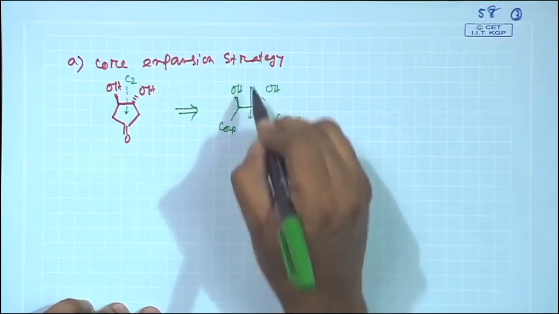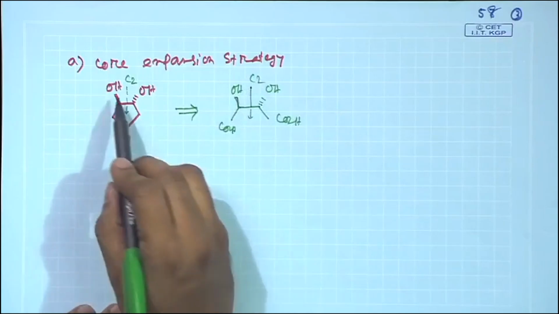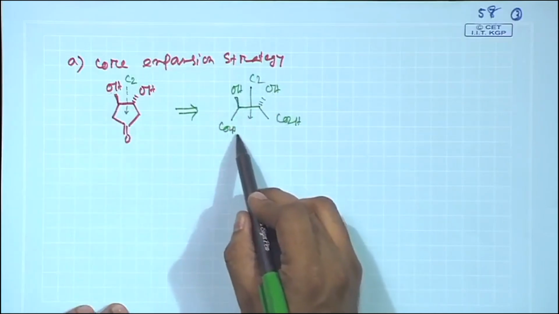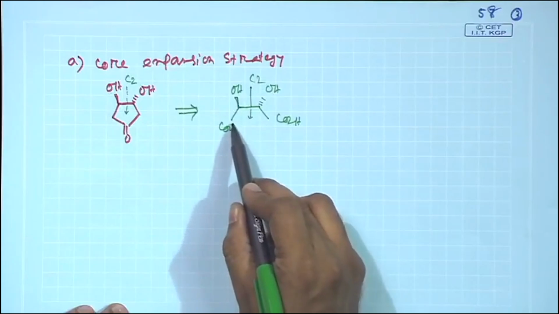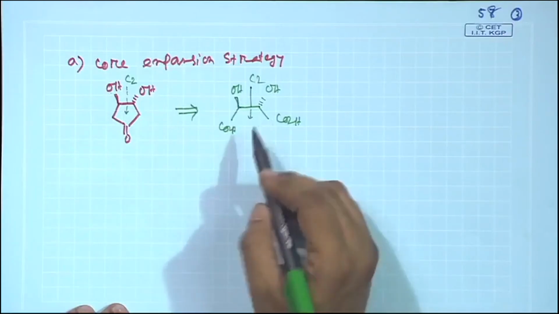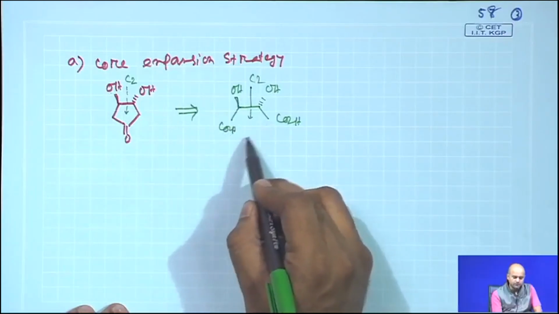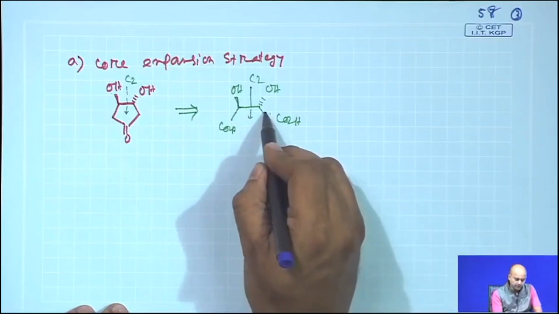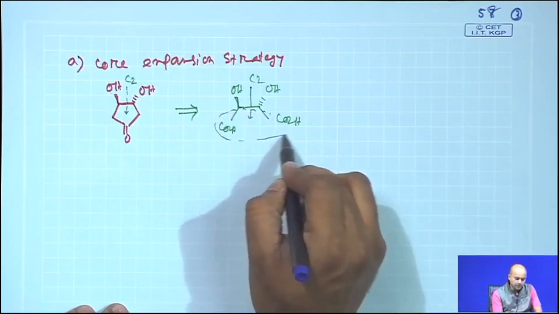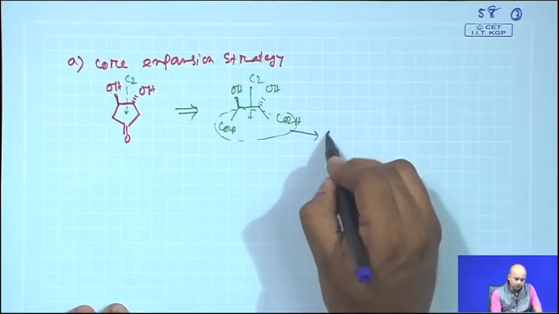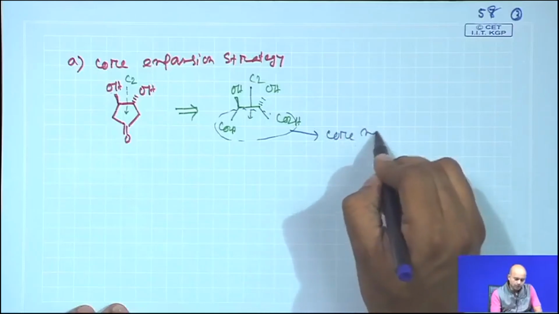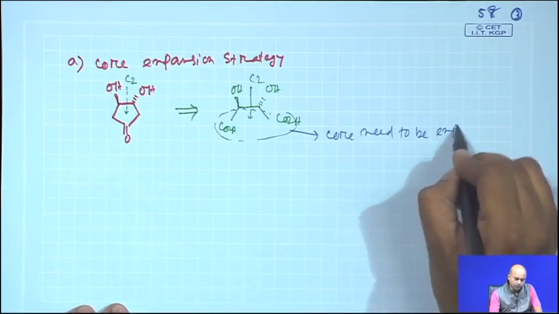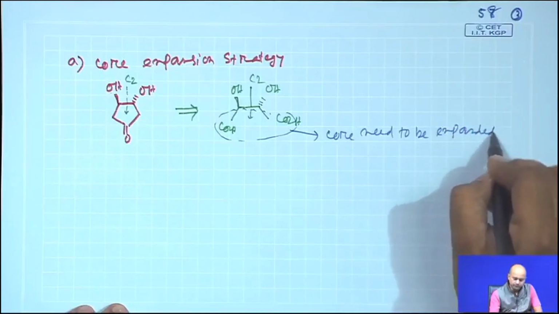This starting material also has a C2 symmetry. Now, see, this OH and this OH belong to this OH and this OH; the only thing is you need to expand this core. This is the core, and this particular core needs to be expanded, which is why it is called the core expansion strategy.